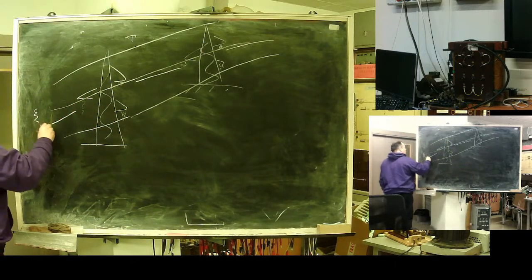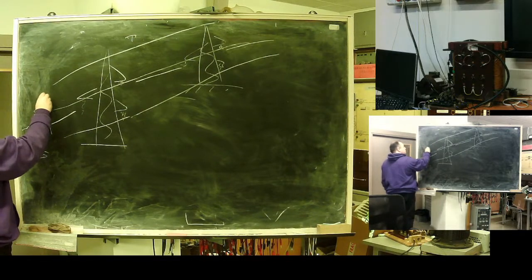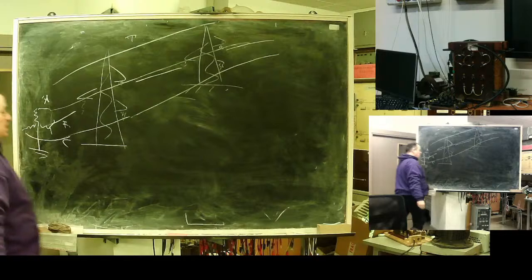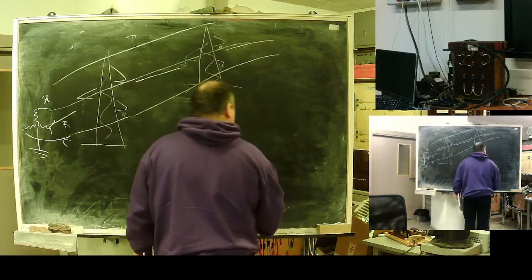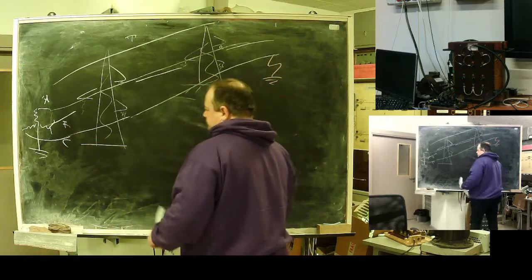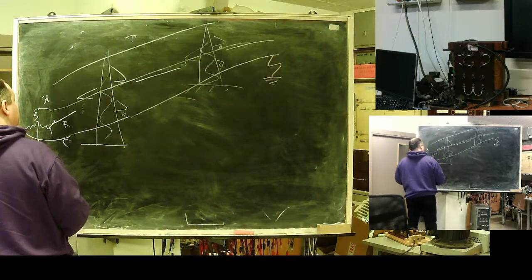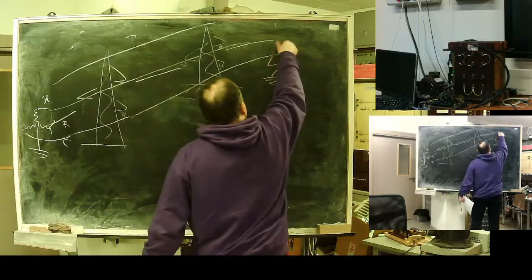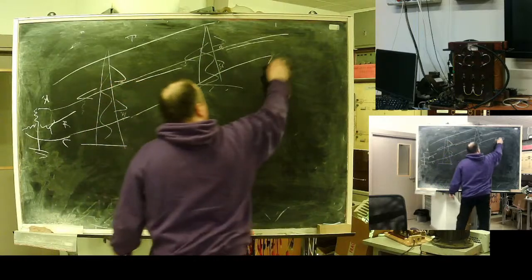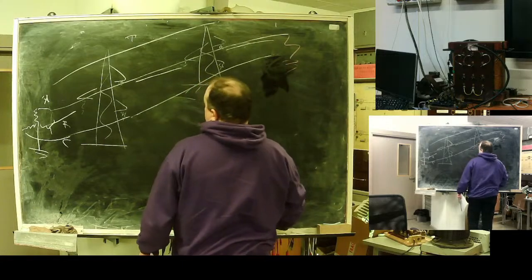Let's say it's powered from here. This will be A, B, C, and somewhere here we have a huge earth fault.